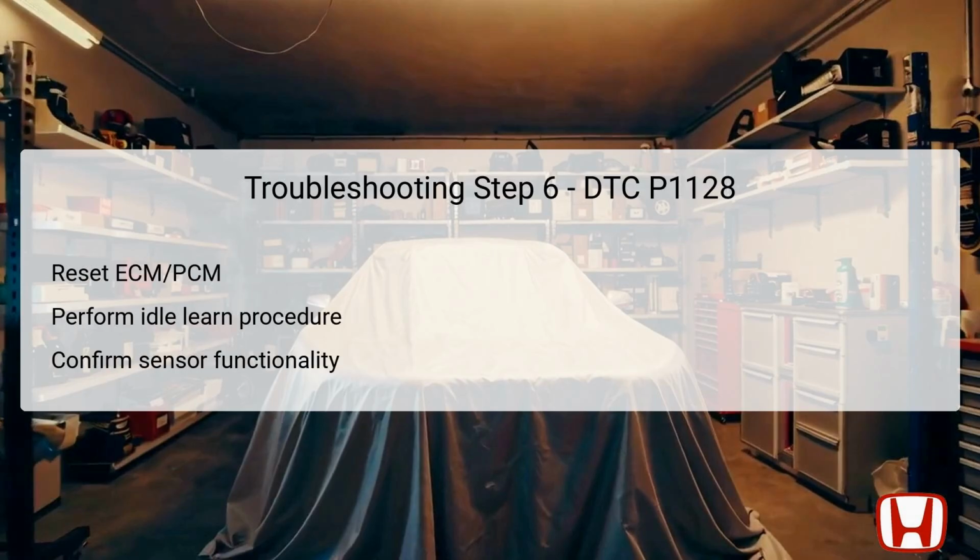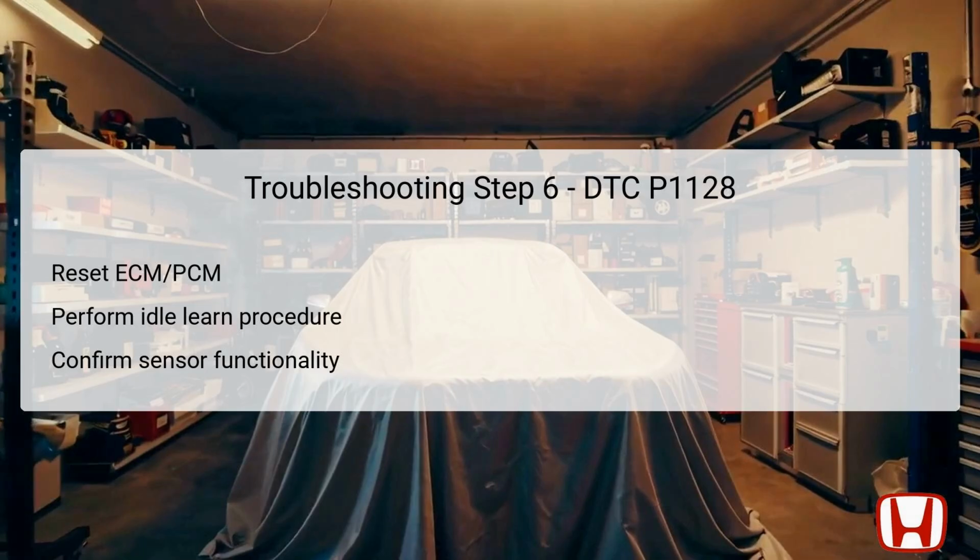The next crucial step is to reset the ECM/PCM after replacing the MAP sensor. This step is essential to erase any stored data and enable proper functioning of the new sensor. Utilize the HDS to perform this reset accurately. Following the reset, execute the ECM/PCM idle learn procedure.